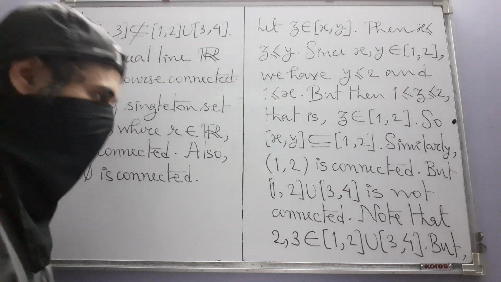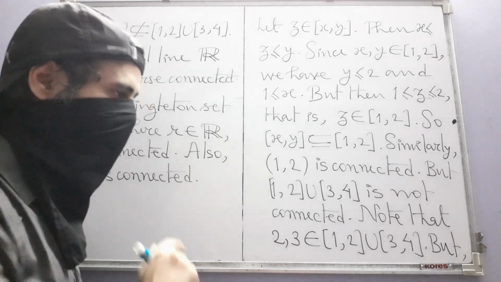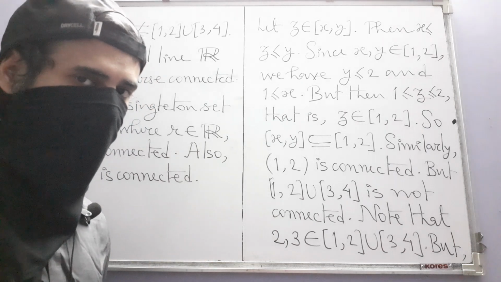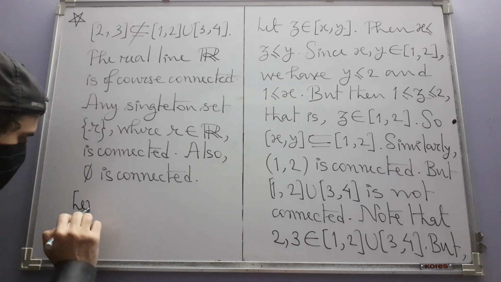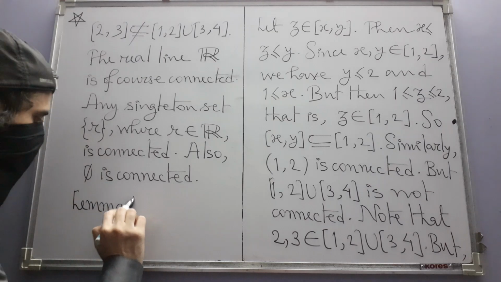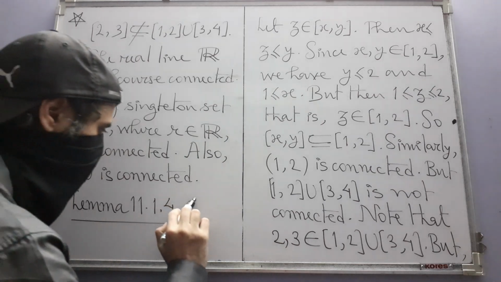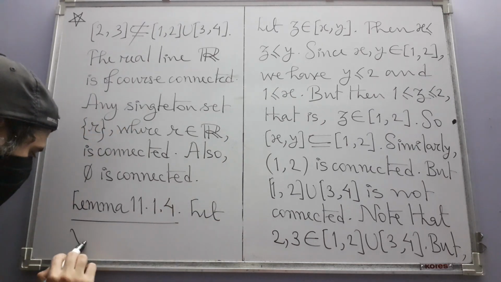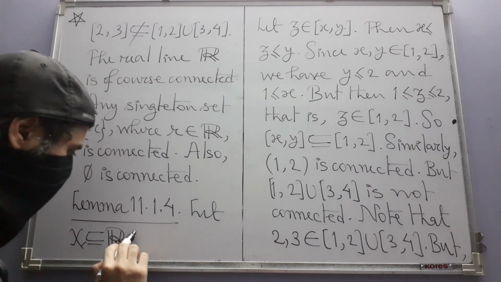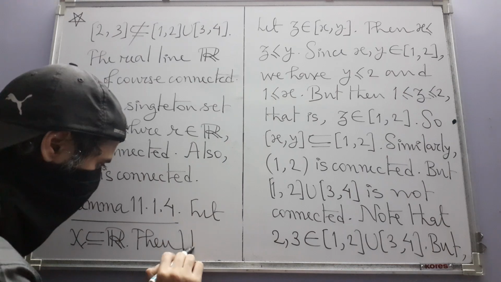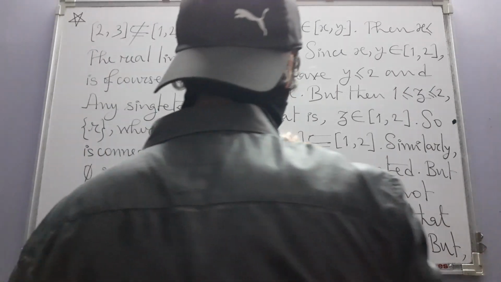Okay, now we state that lemma. It's because of that lemma only we have this notion of connectedness, that we need it here. So this is Lemma 11.1.4. Let X be any subset of R, then the following two statements about X are equivalent to each other.